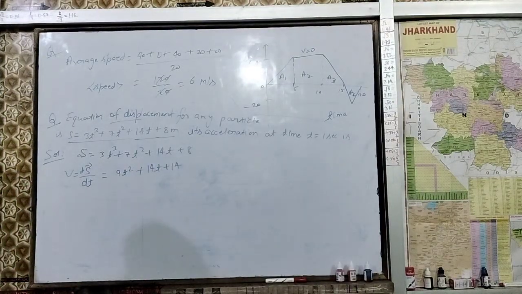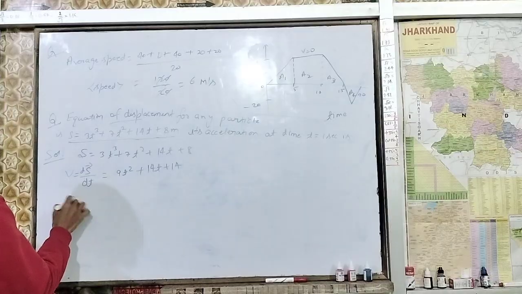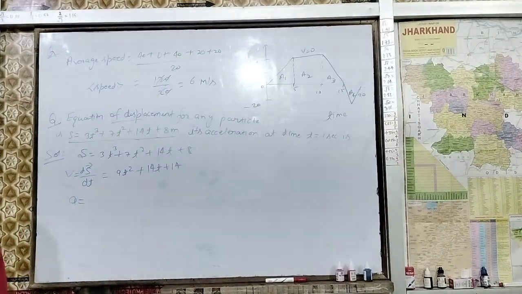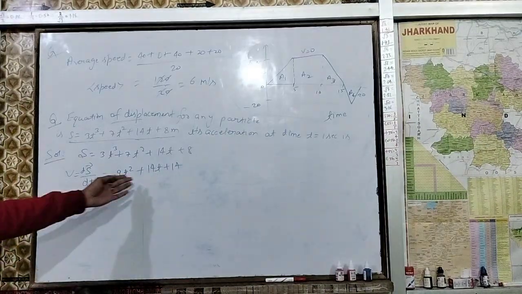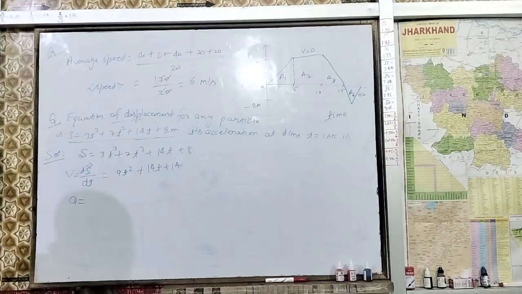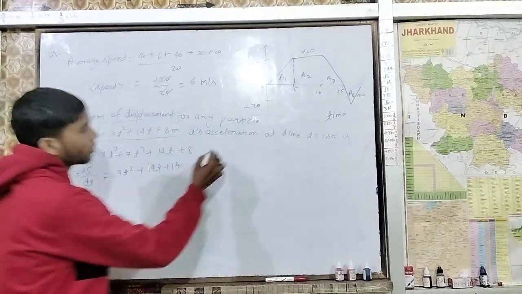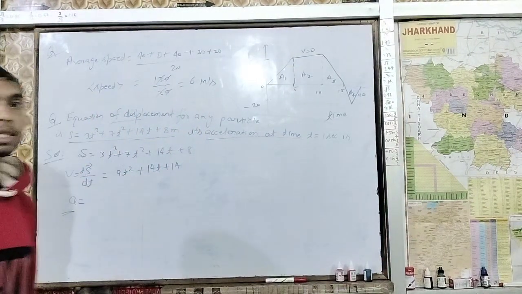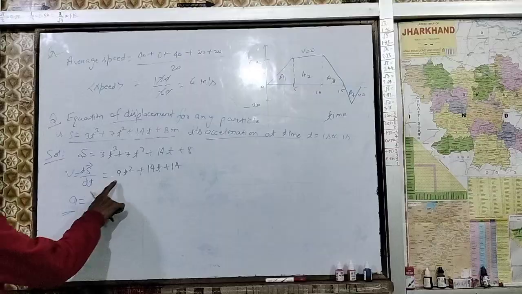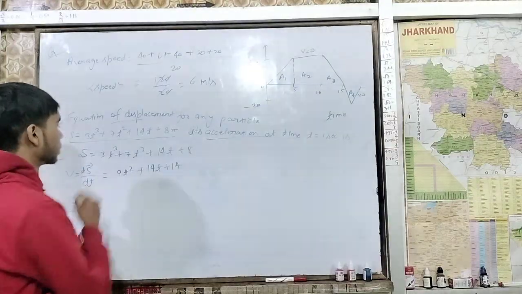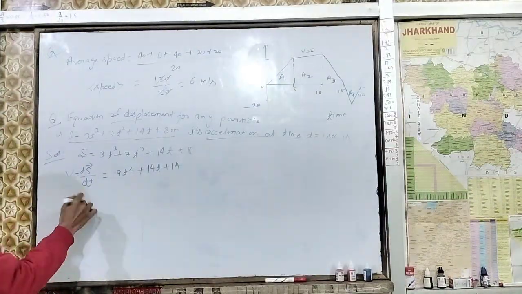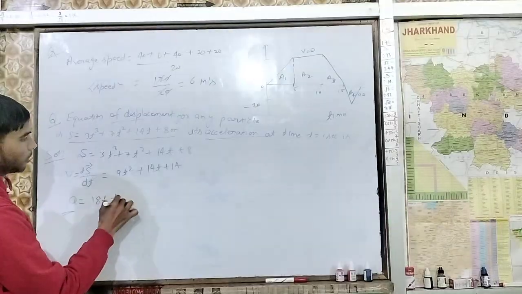This is our velocity. Now acceleration is dv upon dt. Again we differentiate one more time, so this will become 18t plus 14.